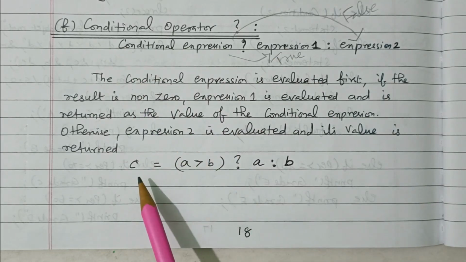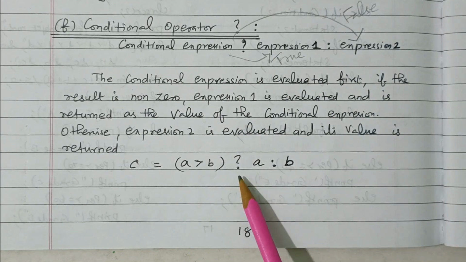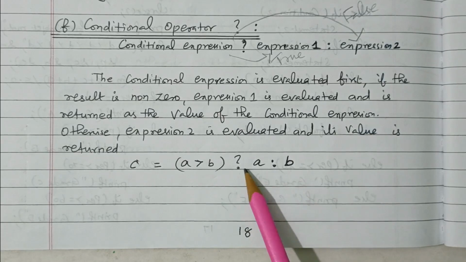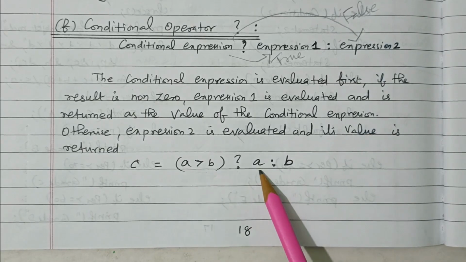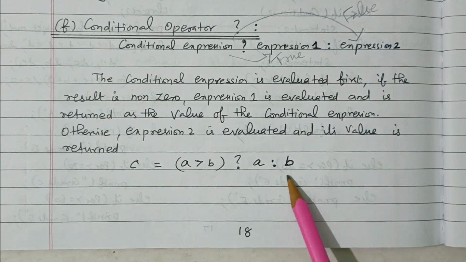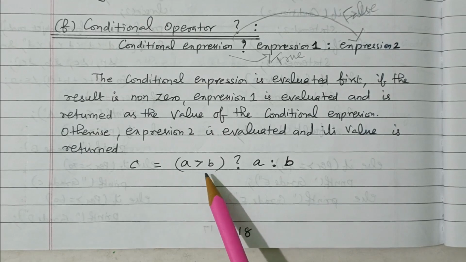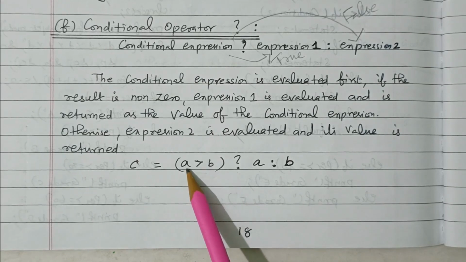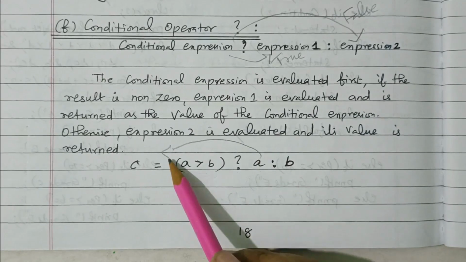So we can see one example here. c = a > b ? a : b. So this is the question mark colon conditional operator: condition ? true statement : false statement. Suppose the condition is true, that is, a is greater and b is lesser, then a will be stored in the variable c.